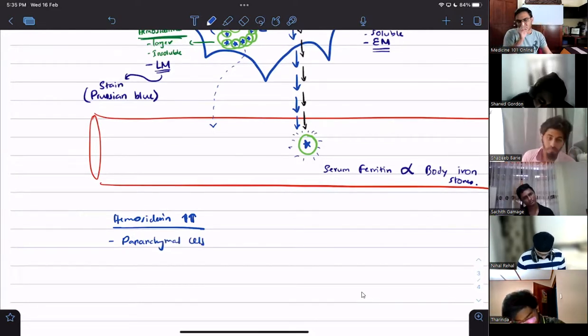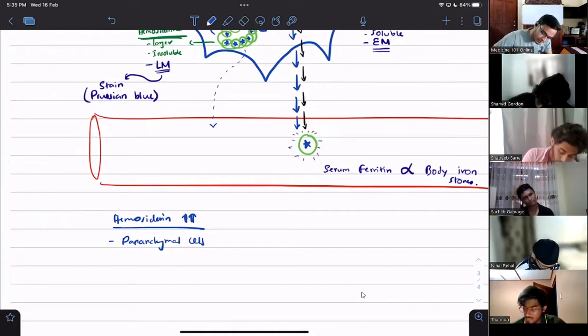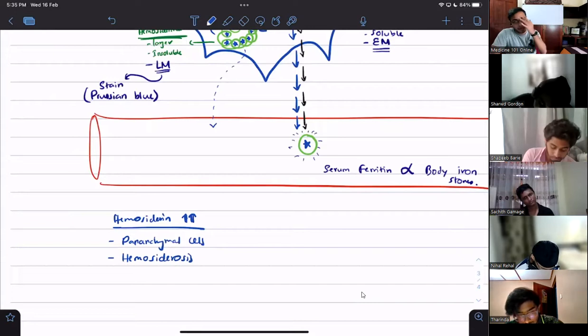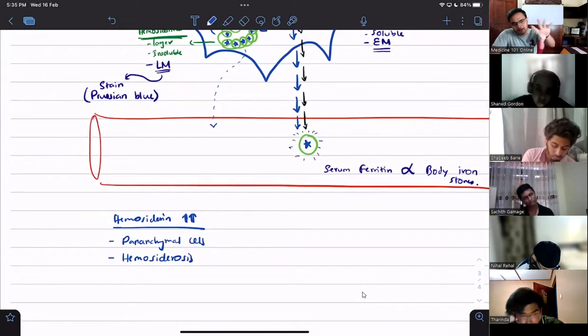But still it is not too high that it causes damage. This is the period of time we call hemosiderosis. So in many of his organs, if you do biopsies, you can find hemosiderin accumulated. At the same time, in his blood, his hemosiderin will be high, but it is still not too high.